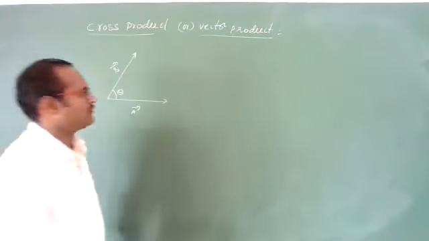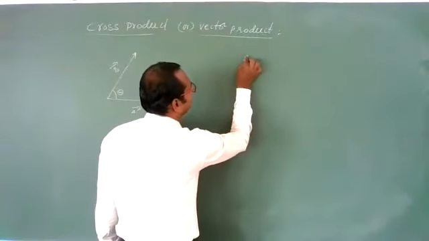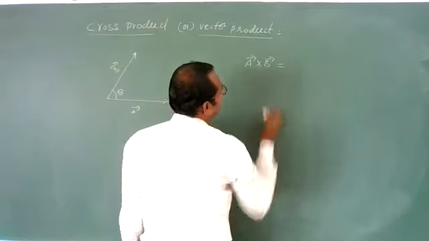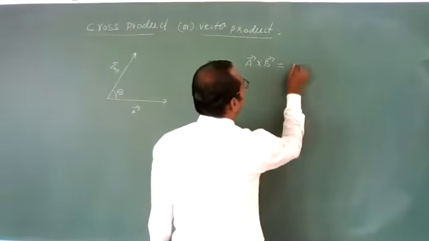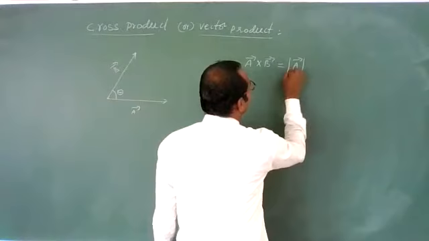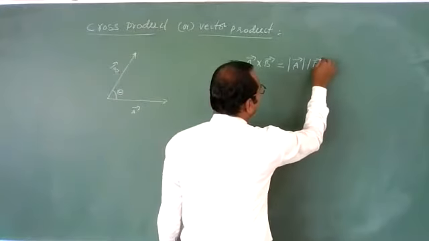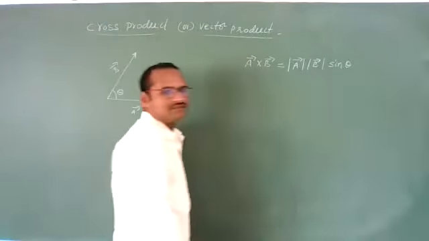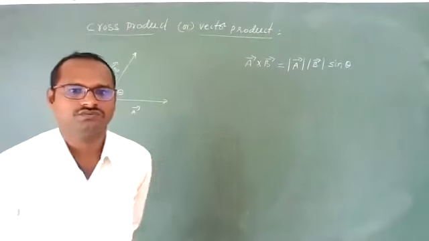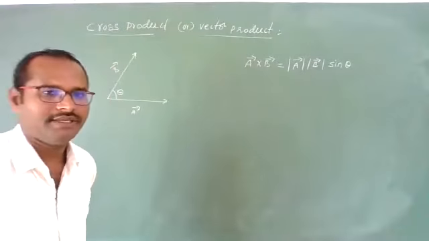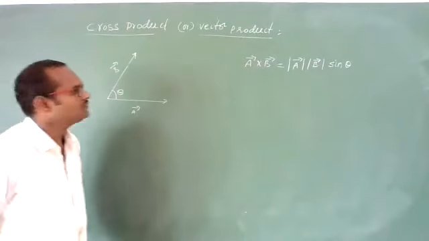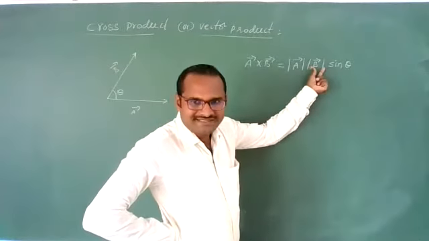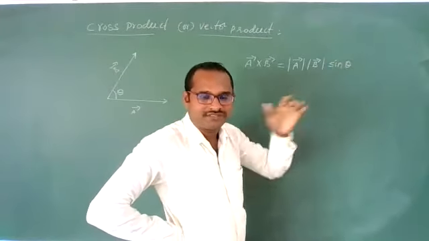The cross product is defined as A bar cross B bar equals the product of the magnitudes of the two vectors and the sine of the angle between them. A cross B gives you the product of the magnitudes of the two vectors and the sine of the angle between them.